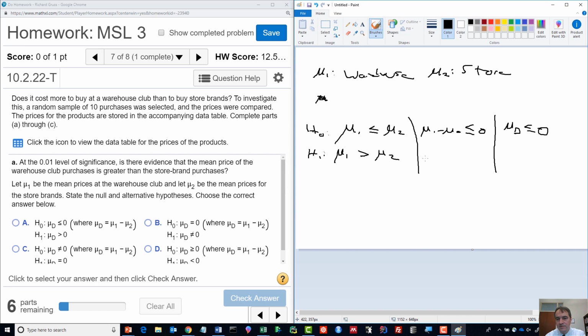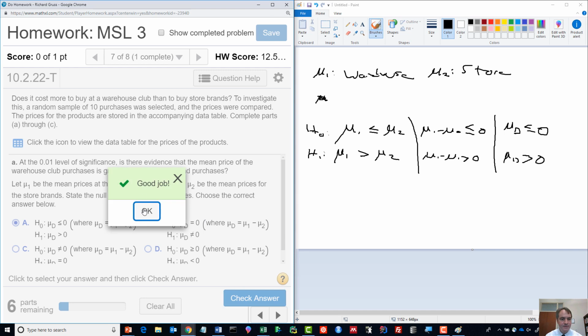Over here, same thing: mu1 minus mu2 is greater than 0, making mu d greater than 0. Sorry if that's difficult to read, but it's hard to draw on the screen. Now we've got our hypotheses. Which one was it? This one, so A.